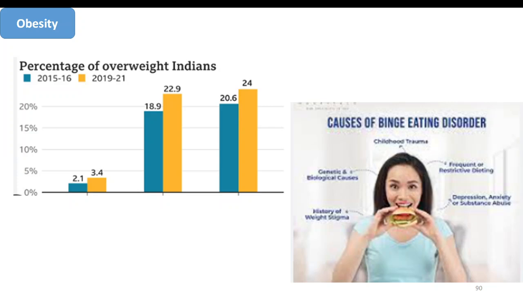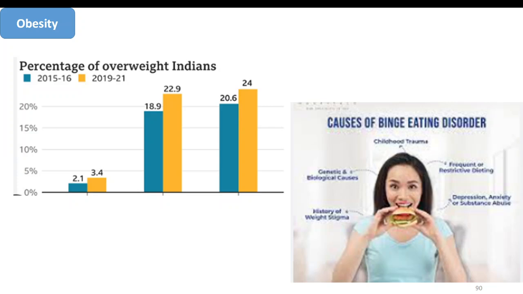There are some examples where you see a child is obese, and it's quite likely that the father is also obese, the granddad is also obese. Not necessarily across all families, but when such is the case, it is evident that the obesity is by genetic inheritance more than any other reason. Or the history of weight stigma.